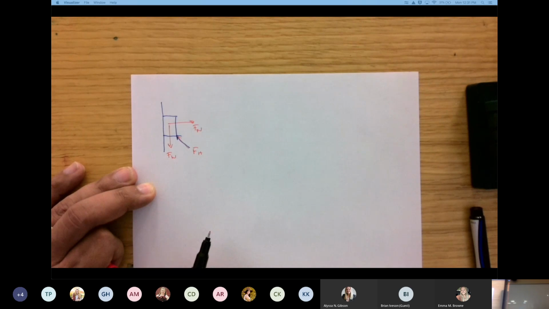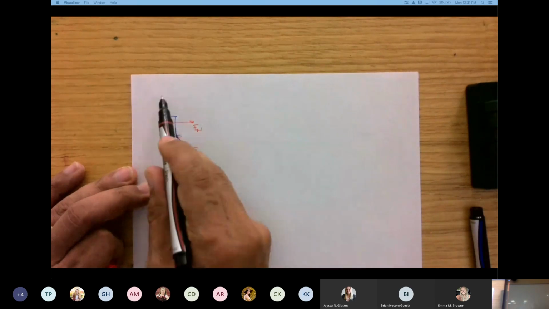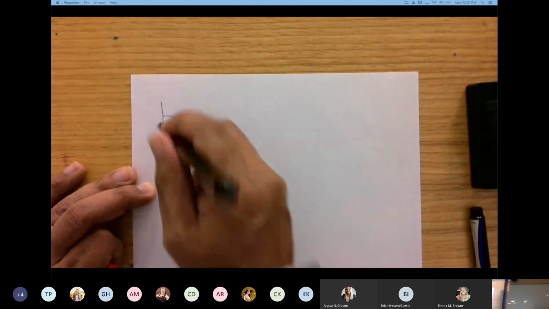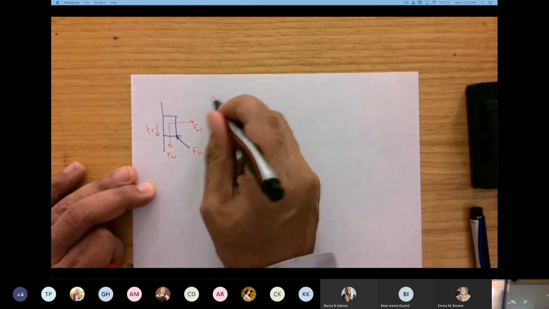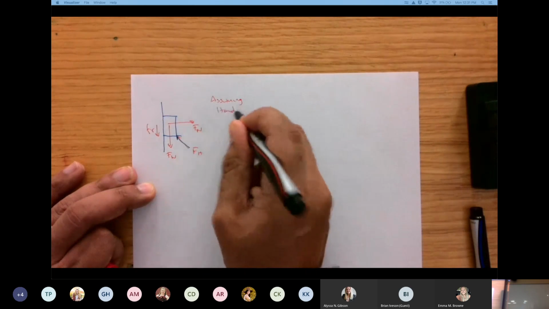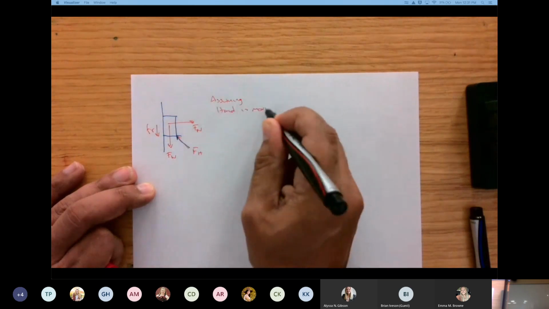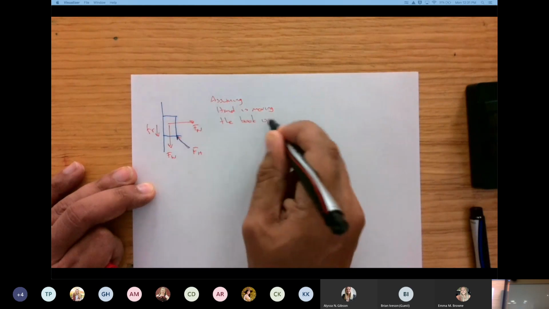We have friction. And here the friction is kind of tricky. If you assume that the hand is pushing the book up, then the friction has to go down. Assuming the hand is moving the book up.